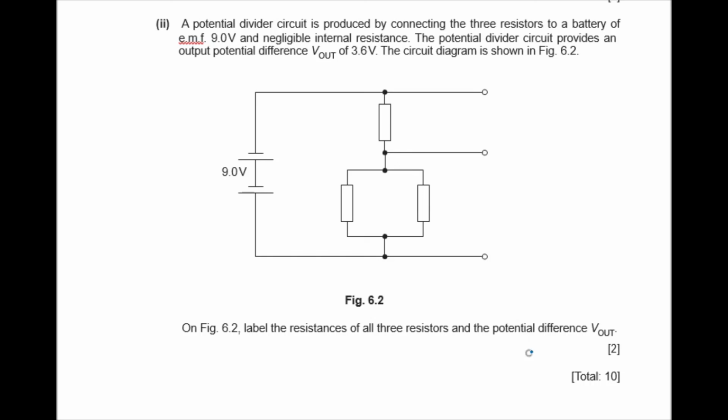Okay, so we must know that the V output equals 3.6 volt. Label all the resistance. Just now we arranged 2 resistors in parallel. One is 45 ohm and another one 90 ohm. So meaning here the balance is 20 ohm. So if we simplify the circuit, it becomes like this.